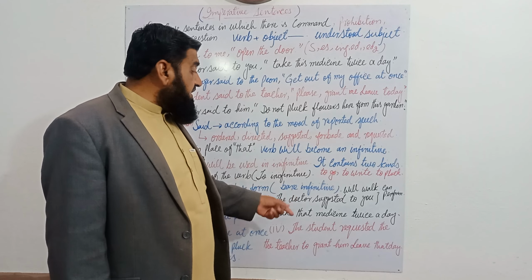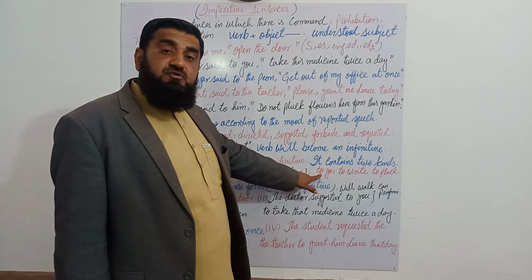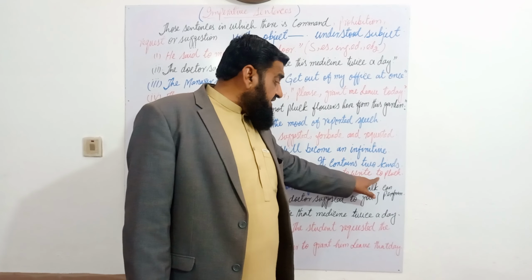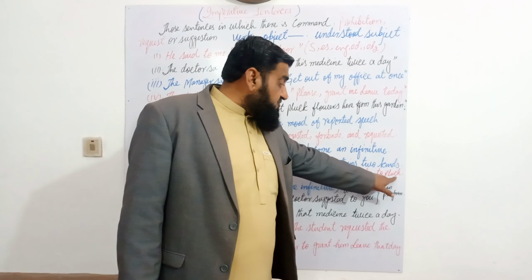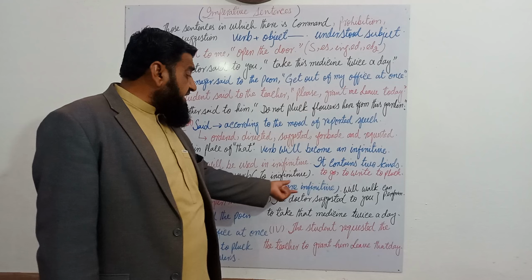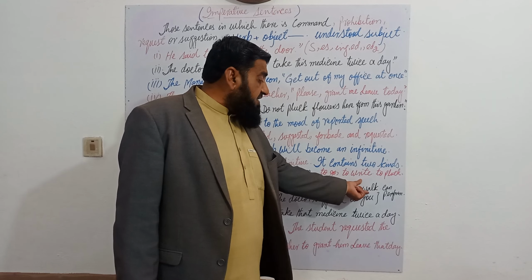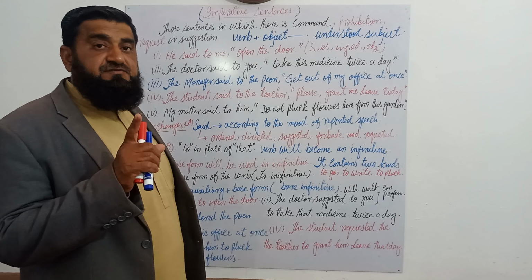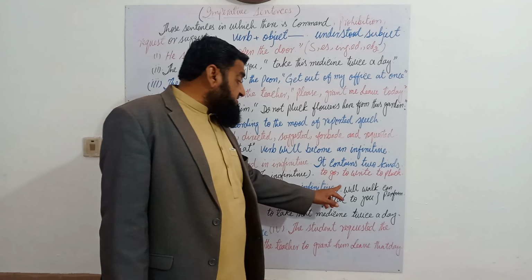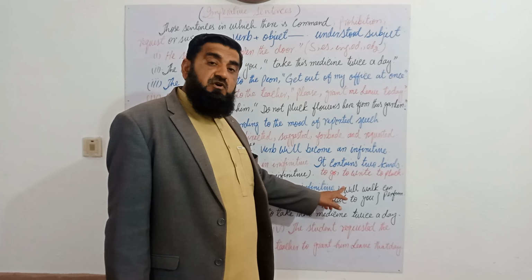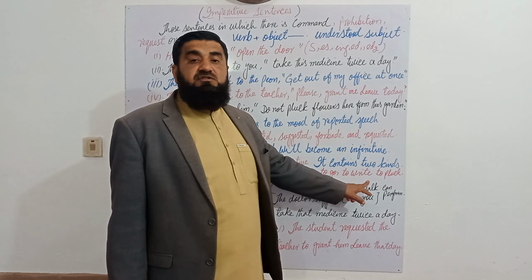For example, with to infinitive: to go, to write, to pluck. When we are using to, we can't use any kind of inflection. And when we are using modal auxiliary, will work, can perform, you will use only base form of the verb. You can't insert any kind of inflection when there is modal auxiliary before the verb.